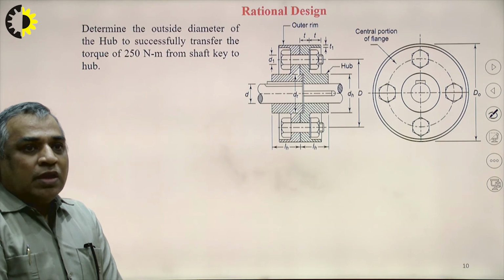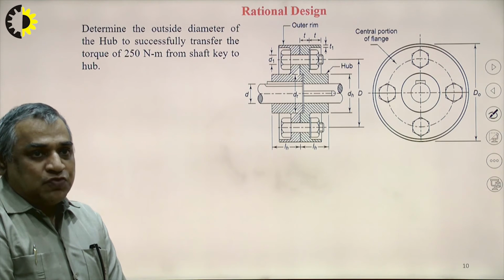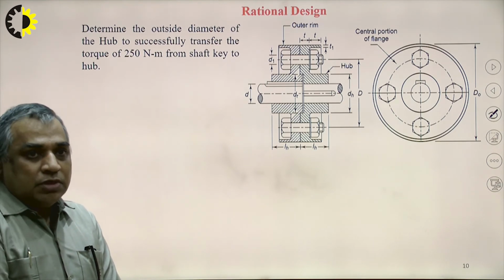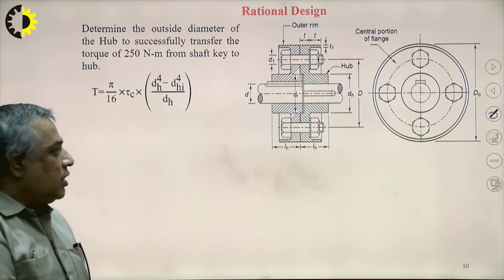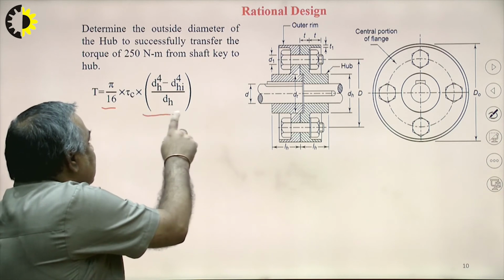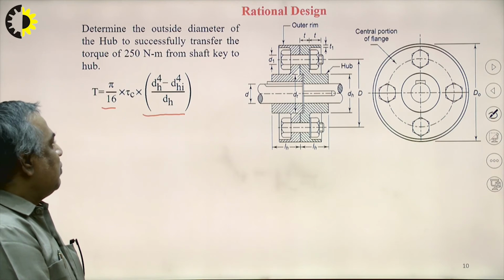Determine the outside diameter of the hub to successfully transfer the torque of 250 Newton meter from shaft, key to hub. So this is T equals pi by 16 multiplied by (DH to power 4 minus DHi to power 4) divided by DH.